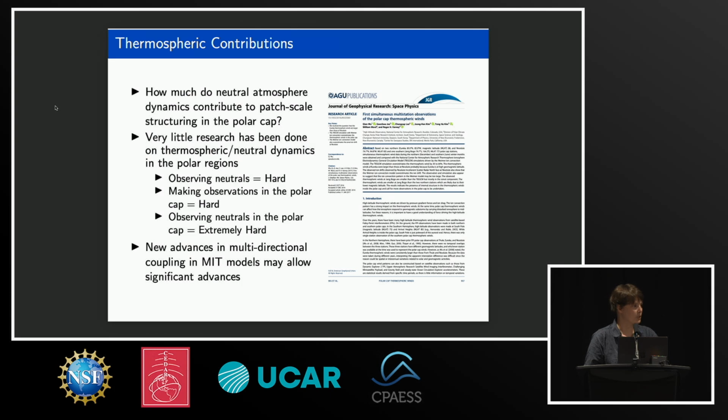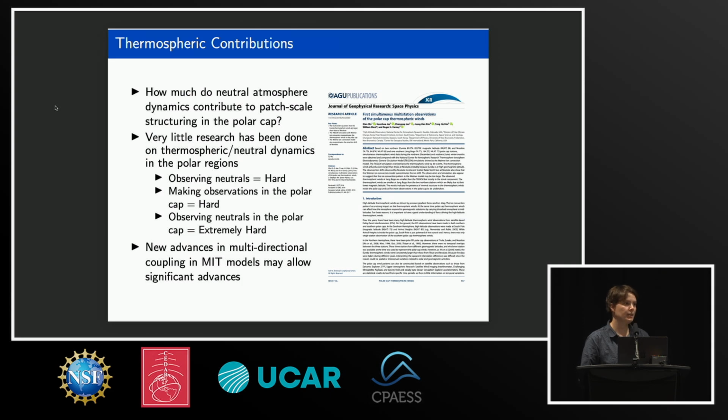And my personal opinion of why that is, is that observing neutrals is typically much harder than observing ions, and making observations of anything in the polar cap is typically much harder than doing anything at mid-latitudes. So observing neutrals in the polar cap is extra hard, and therefore we extra don't do it a lot, even though we definitely should. And then, of course, because we don't have observations, it's hard to validate models, et cetera, et cetera.